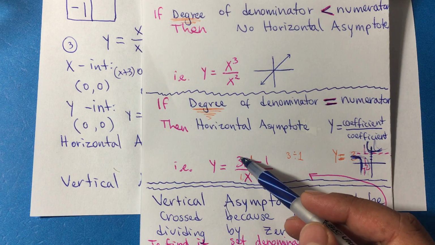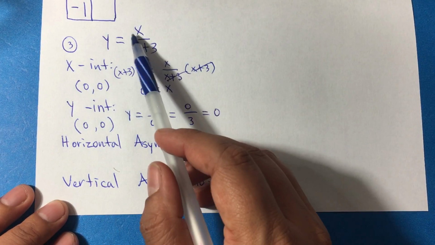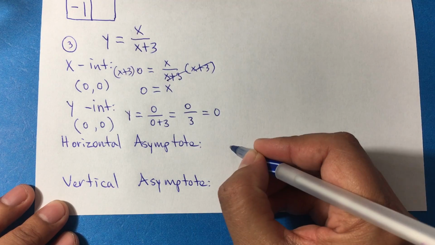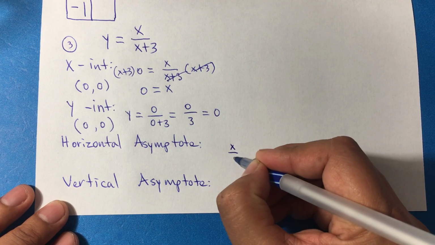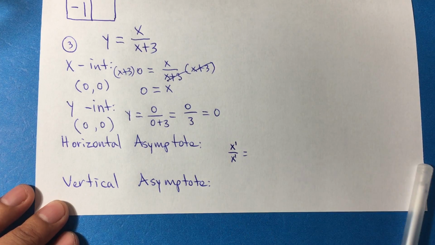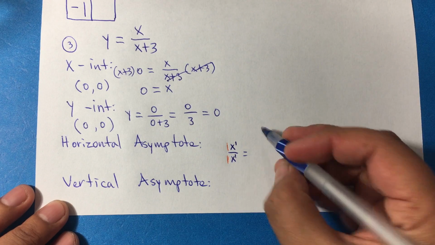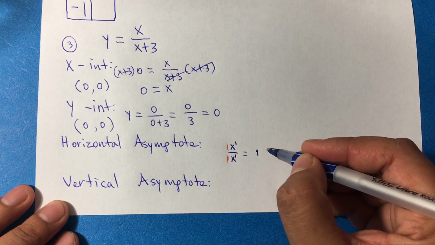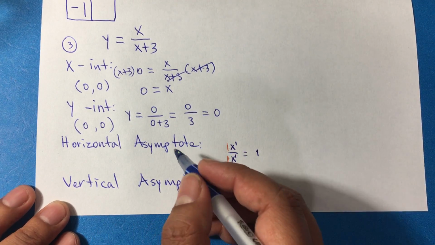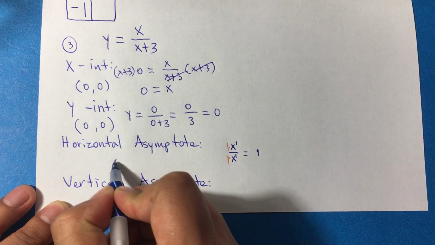Like in here, we divided 3 by 1. In here, the coefficient is 1 and 1. Again, we have x on the numerator, x in the denominator, the degree is 1. But what we look at is the coefficients, which is 1 and 1. And 1 divided by 1 is 1. Okay, so the horizontal asymptote will be at 1.